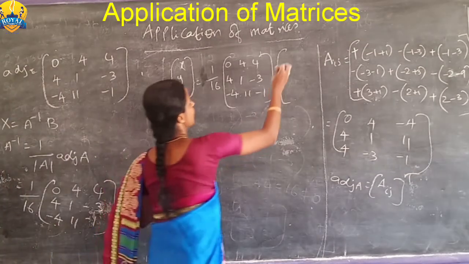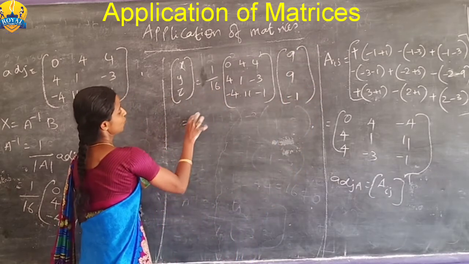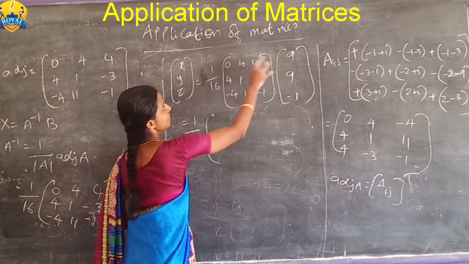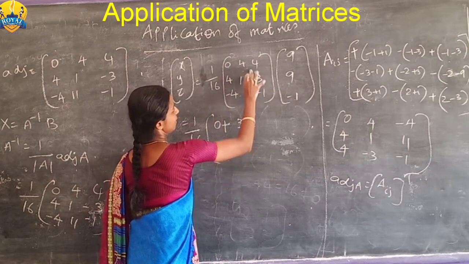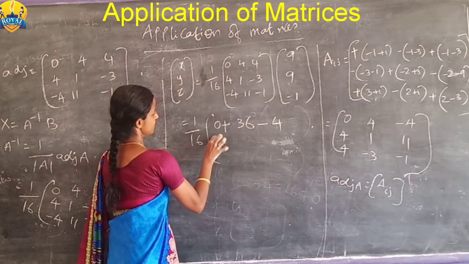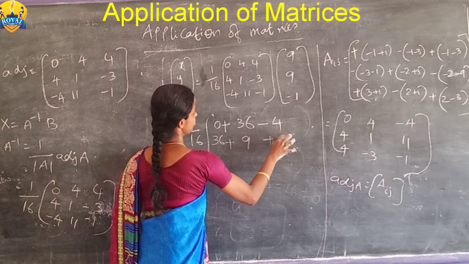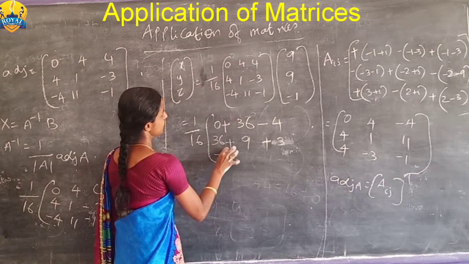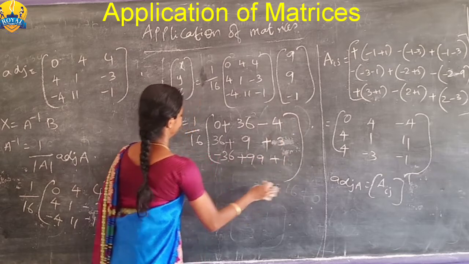9, 9, minus 1, equal to 1 by 16 into, same way row column multiplication, 0 plus 9 4s are 36 minus 4, 4 9s are 36 plus 9 1s are 9, minus 3 into minus 1 becomes plus 3, minus 36 plus 99 plus 1.